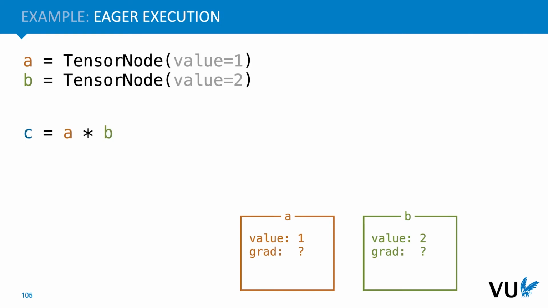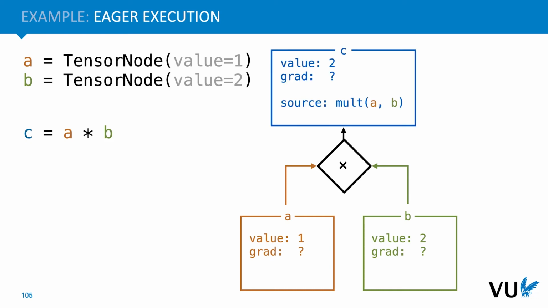As before, we overload the multiplication operator so that our system underwater builds a computation graph, connects the two tensor nodes to an op node, and connects that op node to a tensor node representing the output. But while it's doing that, it's also immediately calling the forward function on the op node and computing the output value for us. So at this point, we have everything we need to call backward on this computation.